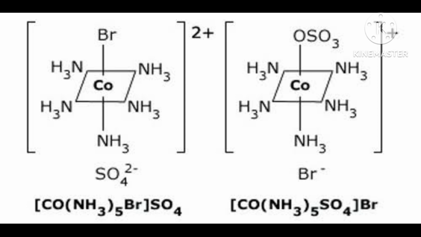Now the first complex is Cis: [CrCl2(ox)2] with outside 3 minus. Again I am telling you, Cis. In this, chromium has 2 chlorine attached and 2 oxalate, ox.